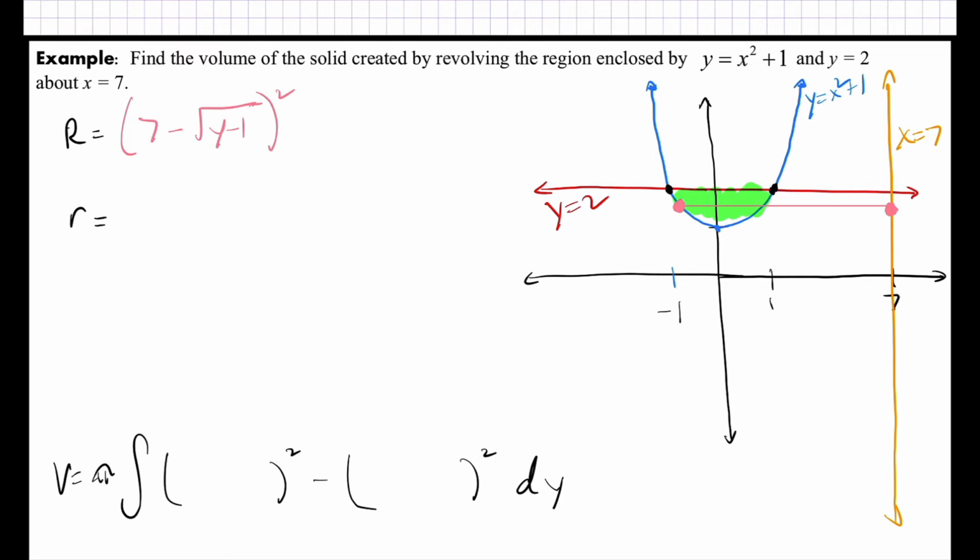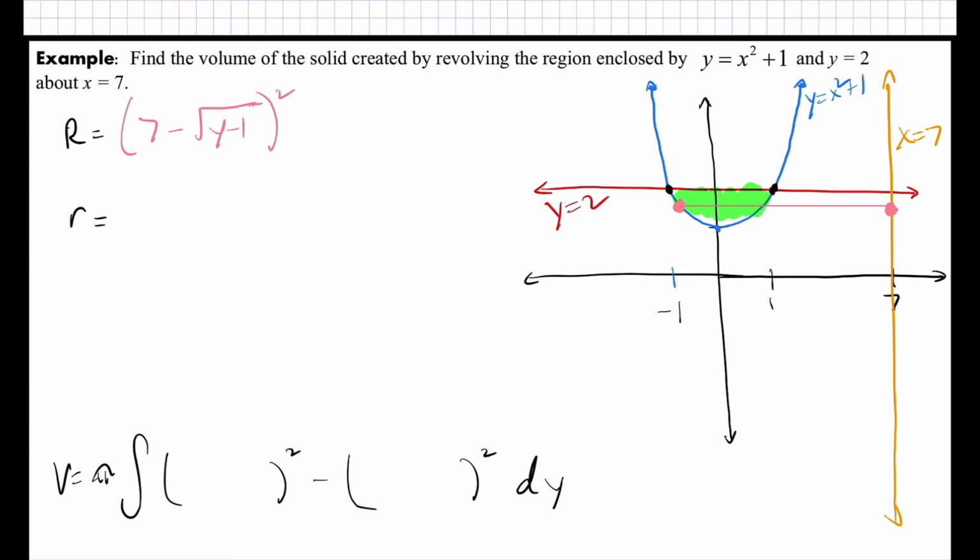What about the bottom one? Sorry, what I mean by bottom one is little r. I just found big R. What about little r? Say it again, which function?